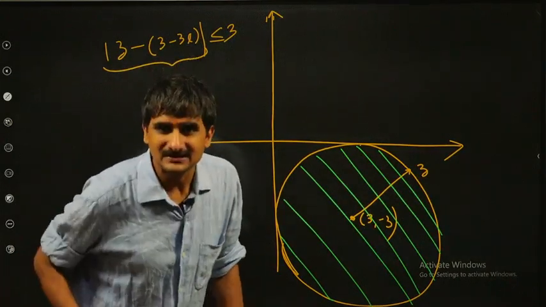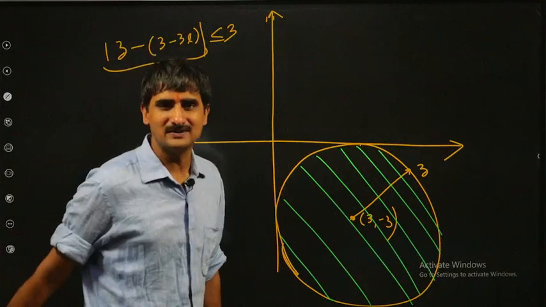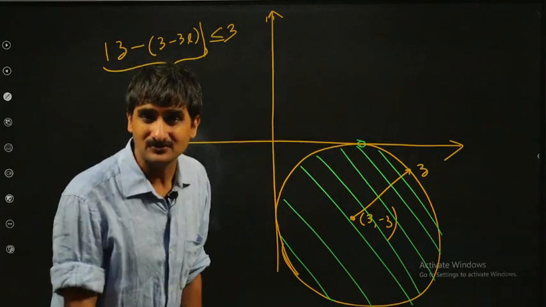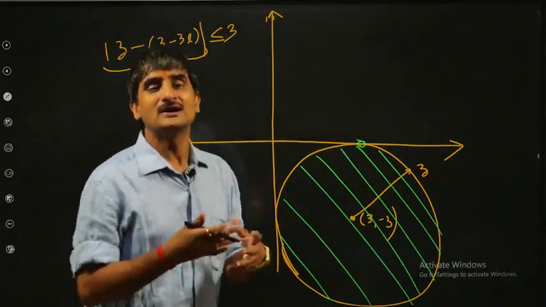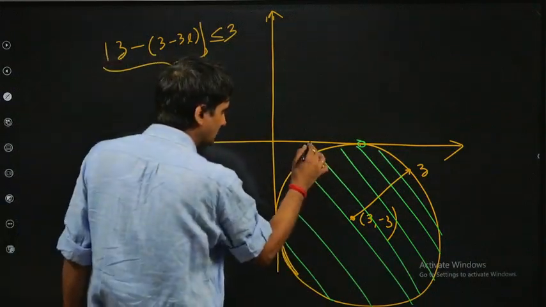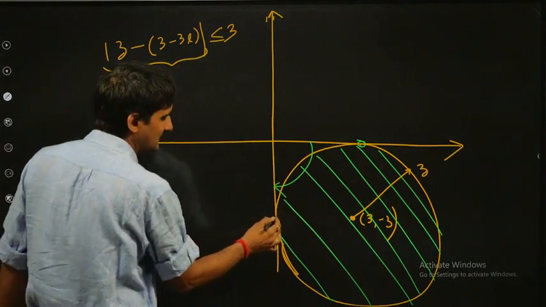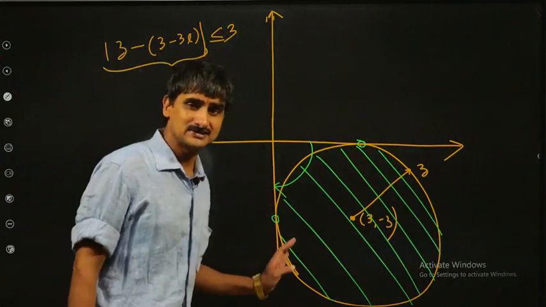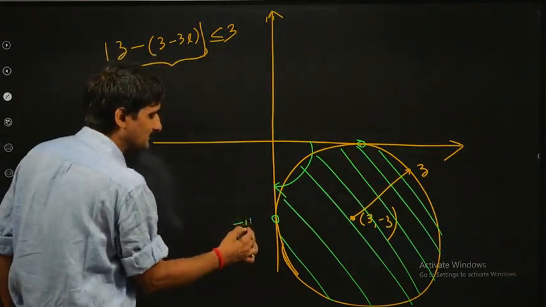So which z gives us the minimum argument? Of course, this is the z with minimum argument, whose argument is 0. Anyone can say that because it lies in the fourth quadrant, the argument of the z where the circle touches the imaginary axis is minus pi by 2.